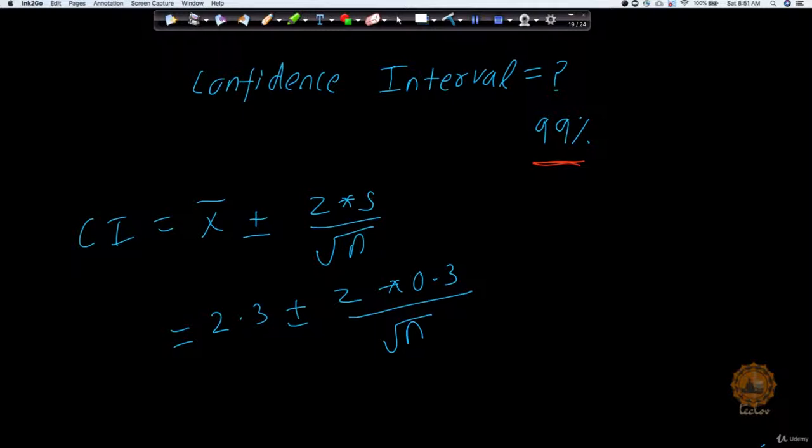Now, as per my confidence interval formula, it will become x̄ (sample mean) plus minus z into sample standard deviation divided by the square root of the number of samples. In this case, 2.3 is the value of my sample mean. My standard deviation, we know, is 0.3.